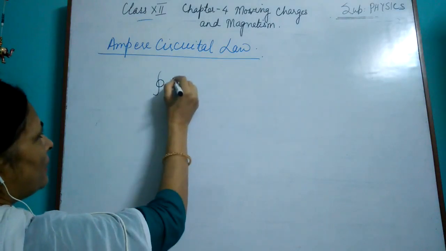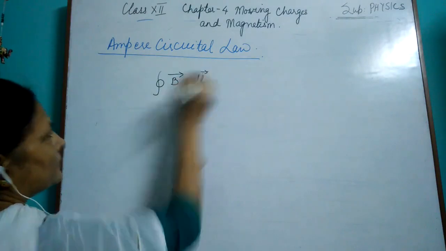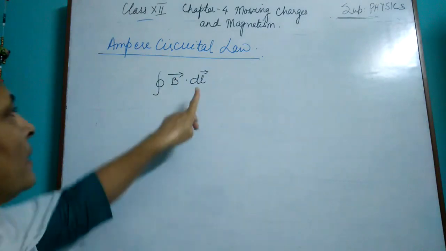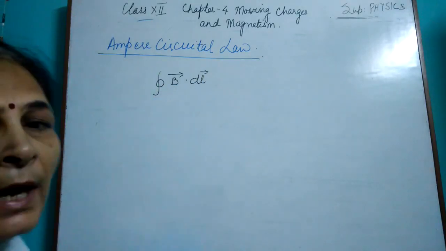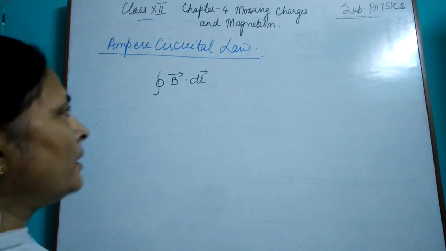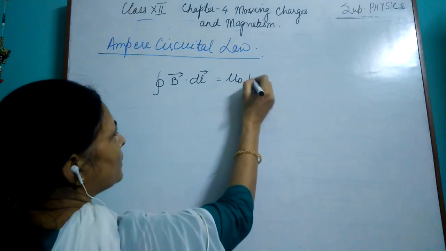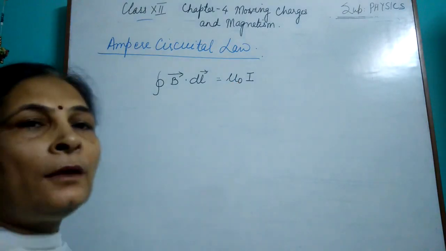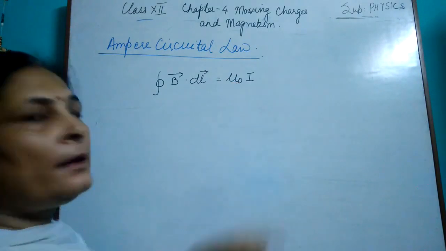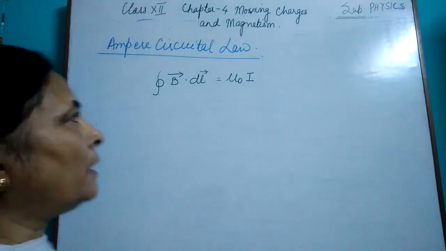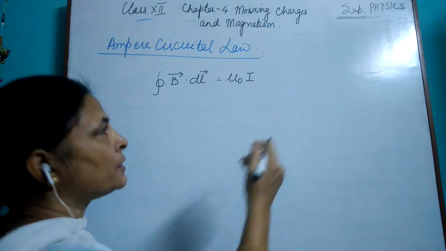See, it is ∮B·dl, and we speak it as the line integral of magnetic field is equal to mu naught times the current threading through the circuit. Now when I say threading through the circuit, I'll make a diagram and tell you what it indicates. And I'll tell you how it is similar to Gauss's theorem.